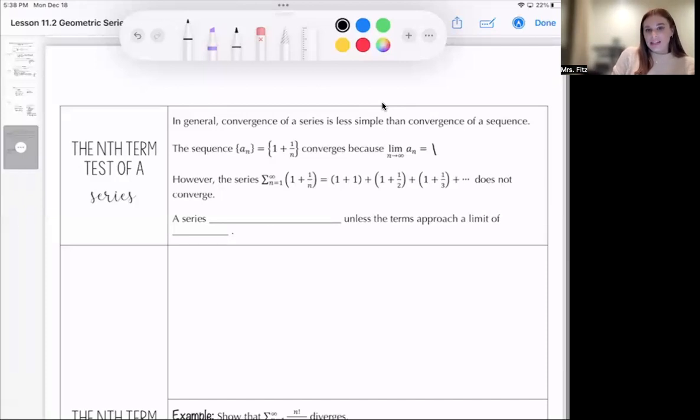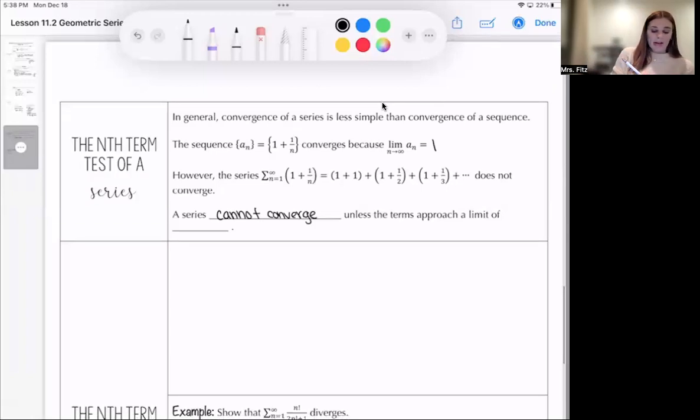Now, the series, the sum from n equals 1 to infinity of 1 plus 1 over n, would be 1 plus 1, plus 1 plus a half, plus 1 and a third, plus 1 and a fourth, right? It would keep having that pattern. It actually doesn't converge. And so a series cannot converge unless the terms approach a limit of 0.